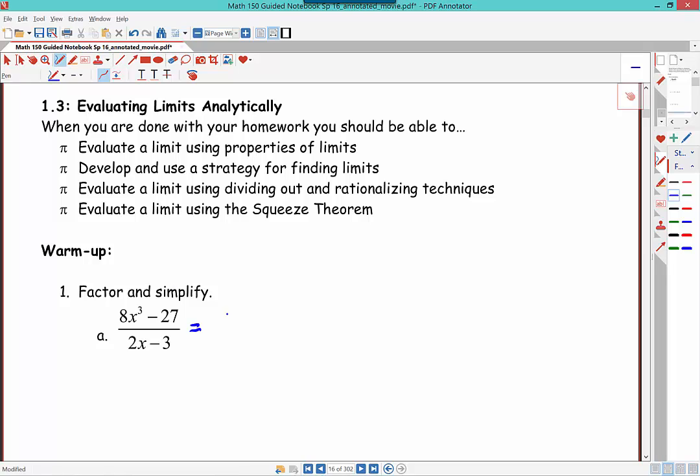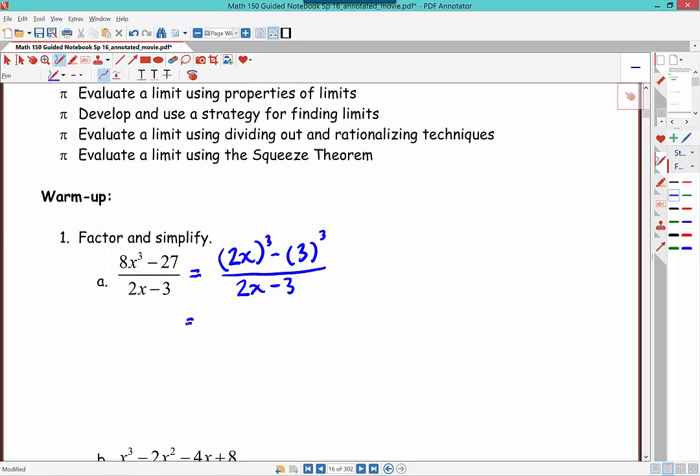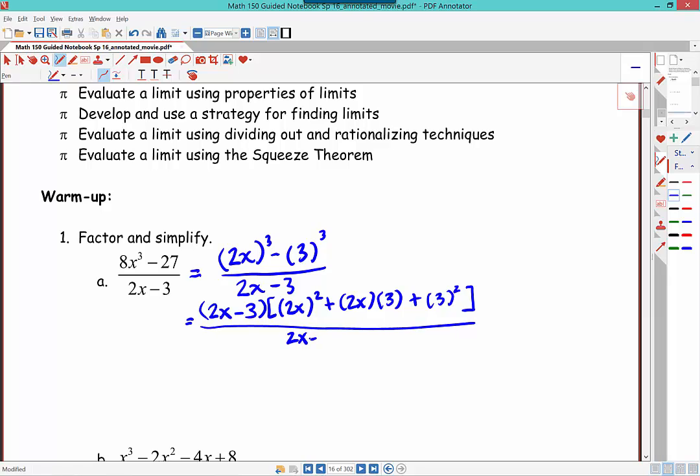And so what we have here, just in case you forgot, is (2x)^3 minus 3^3, all over 2x minus 3, and the numerator factors as (2x minus 3) times (4x squared plus 2x times 3 plus 3 squared), all over 2x minus 3.